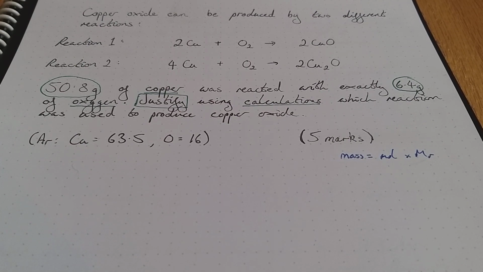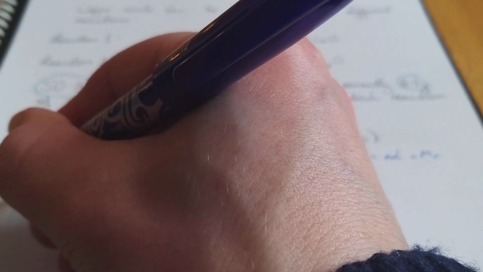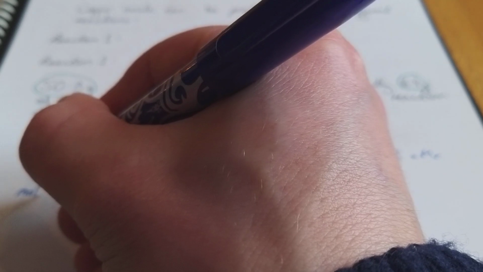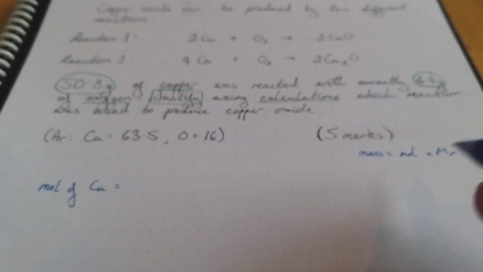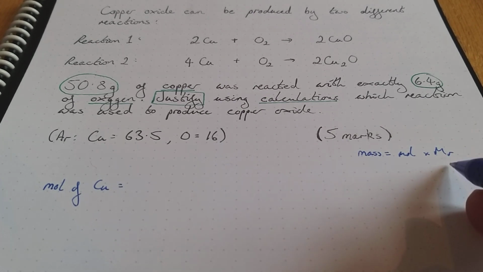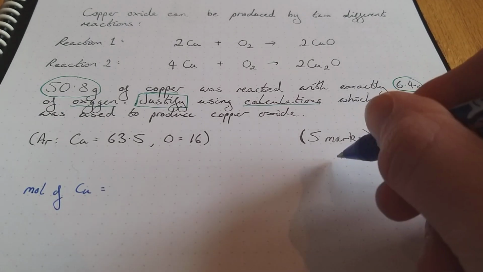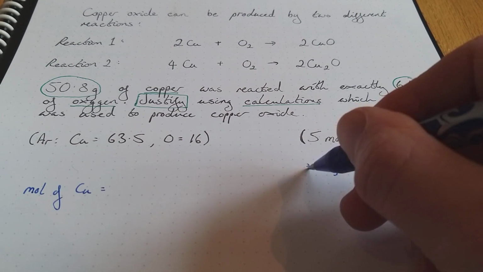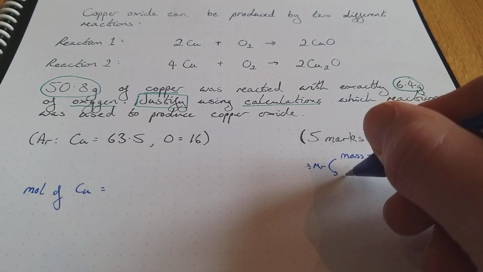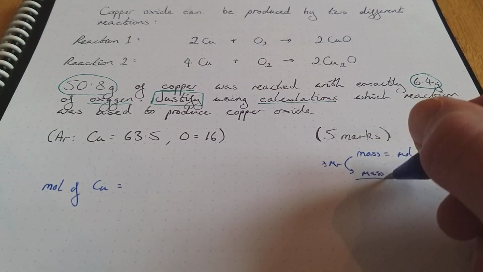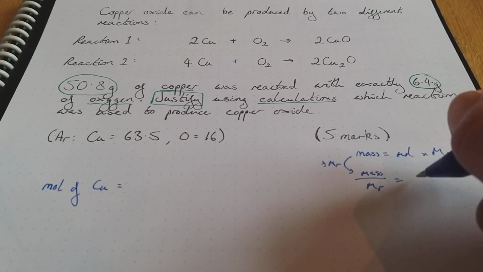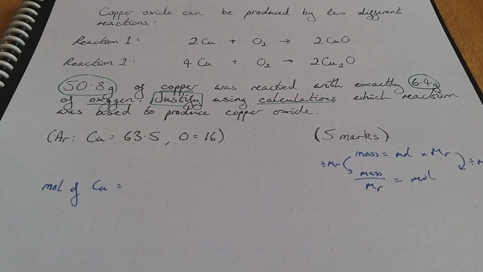Okay, so to start off with, we need to work out the moles of our two chemicals. So we need to work out the moles of copper. So let's think about how we can use this equation to work out the moles of copper. Well, we want the moles by itself, so that means we need to divide both sides by the Mr. So that tells us that mass divided by the Mr equals the moles.